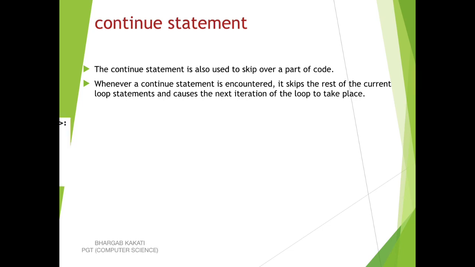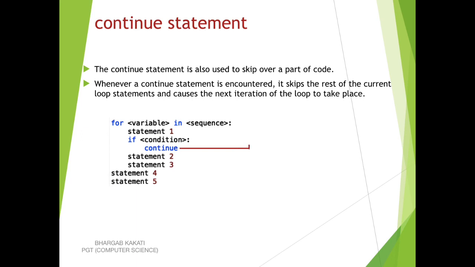I'll explain it with the help of an example. So let's say this is your for loop. Within the condition we have the continue statement highlighted in blue. Whenever the continue statement is executed, it will go to the next iteration of the loop. So it will continue with the next iteration.